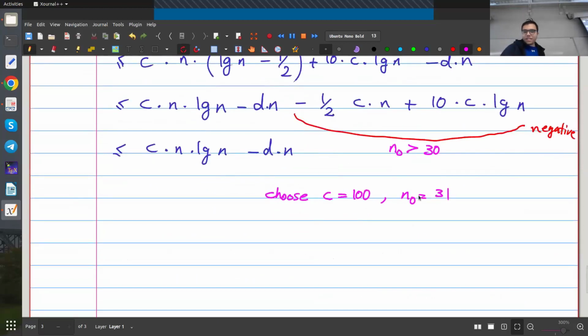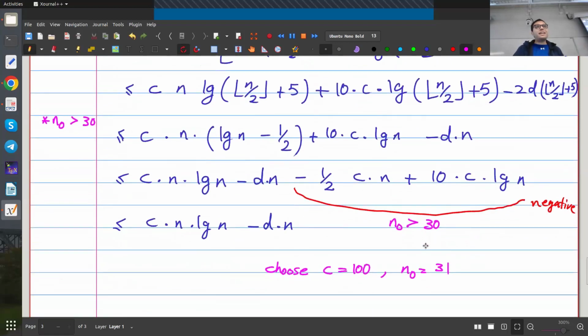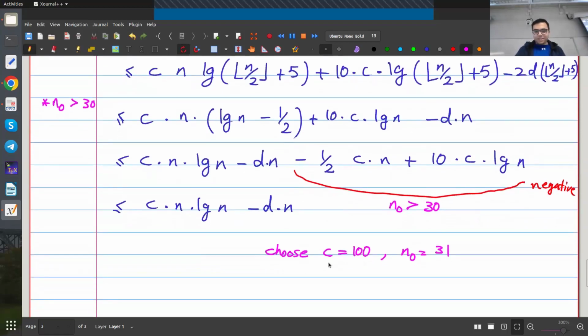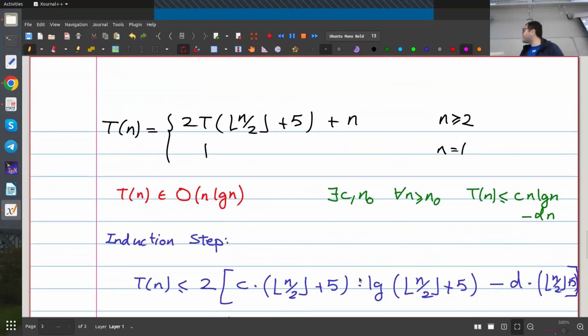They're all values that are at most 31. So if you just choose your C to be really large, it will work for all of them. I'm not going to figure out the exact C here, but just know that you can increase your C so that it works. So you see, this is really nasty, and all of this nasty business was because of this +5.